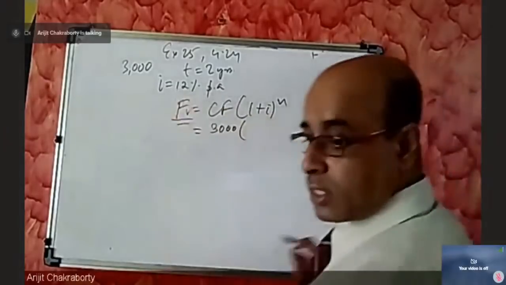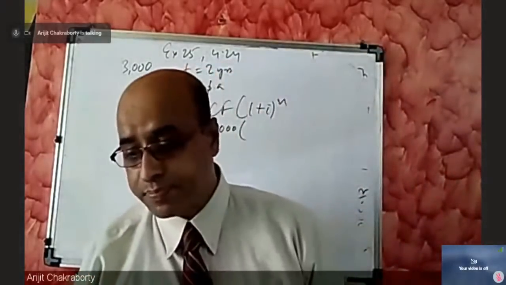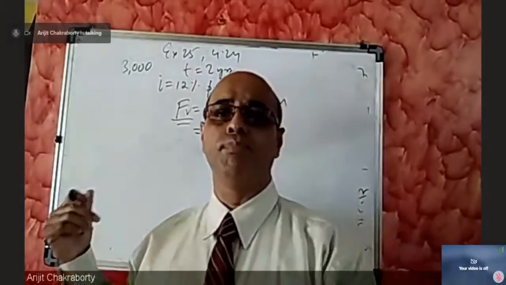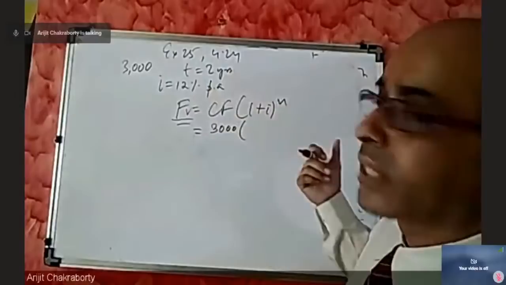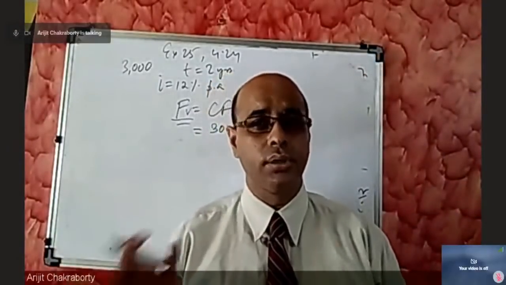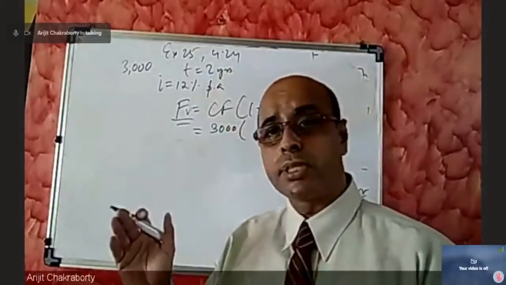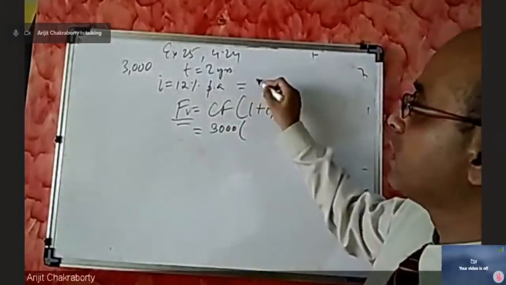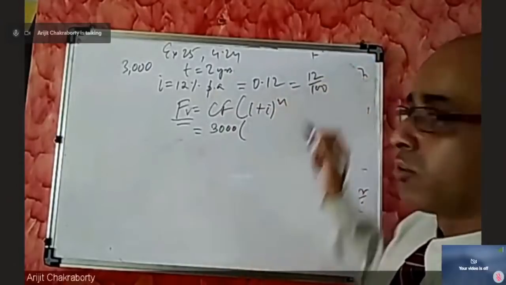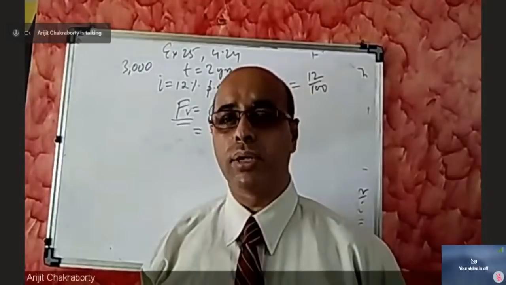Interest is 12% per annum, and there is no need to change the interest rate here because there is no compounding. They have not talked about quarterly compounding or half-yearly compounding. So the interest of 12% will remain as it is. Now 12% means 12 by 100, that is 0.12.